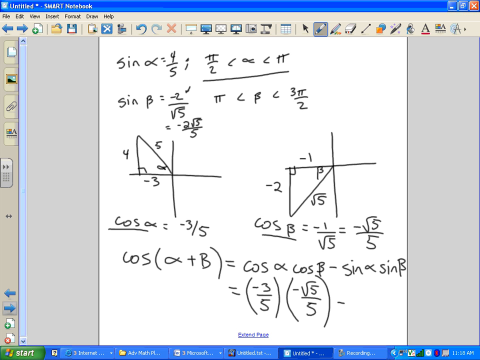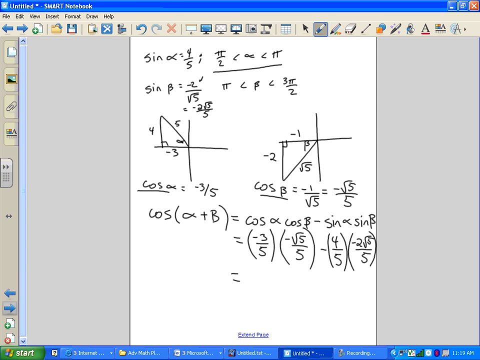And then minus sine of alpha, look back at that, that was given, right? 4 over 5, so 4/5 times the sine of beta, -2 over square root of 5. Now, what's better? Probably the rationalized version. That way, all the denominators are going to be 5s. So -2 square root of 5 over 5.